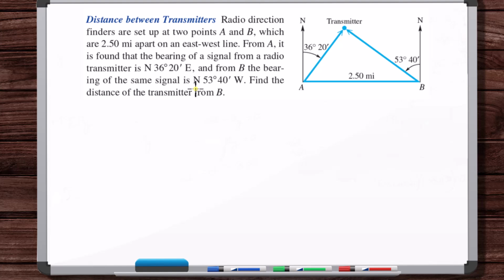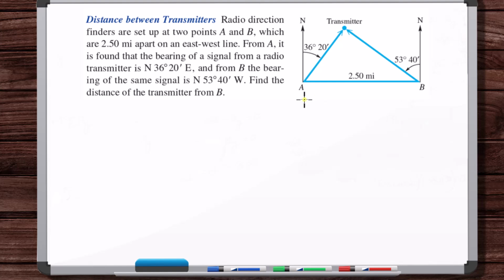Okay, so we've got these bearing directions here, and we learned how to interpret these. The transmitters A and B are 2.5 miles apart on an east-west line, so they're labeled here. From A, the bearing of the signal is north 36 degrees 20 minutes east.